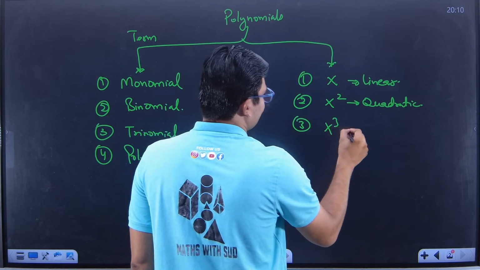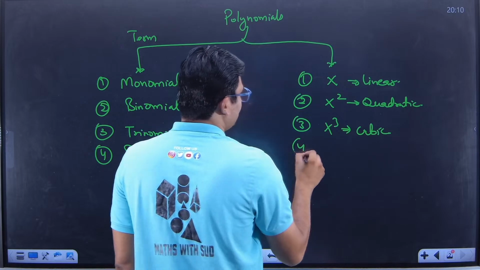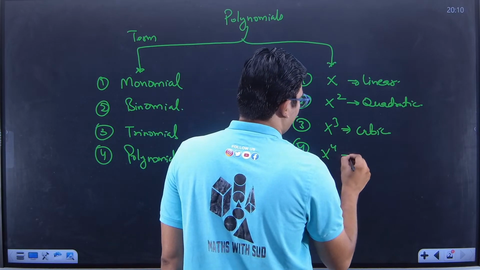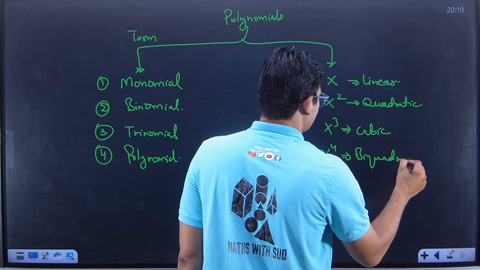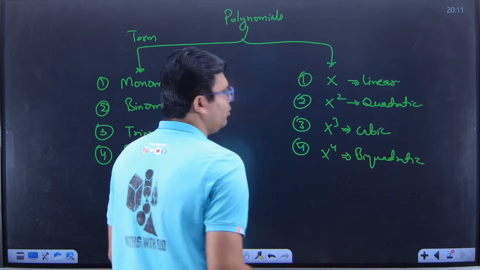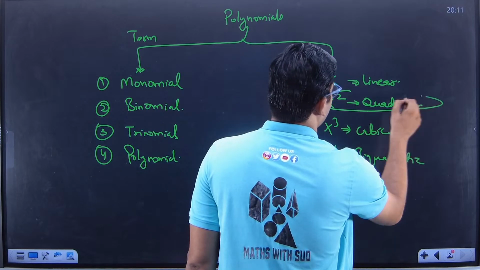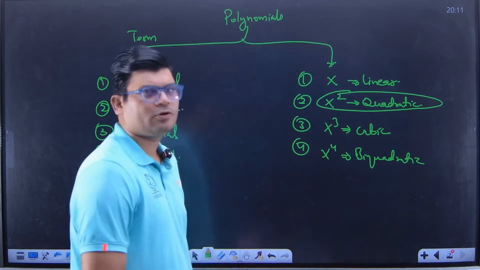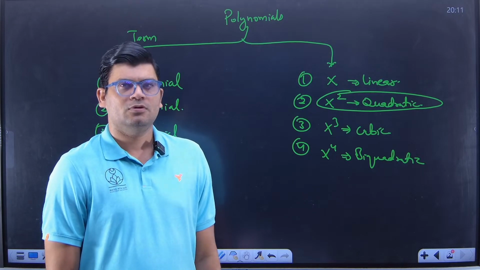If the degree is 3, we term it as cubic. If the degree is 4, we say it as biquadratic. There will be more, but we will keep our study up to quadratic only, as of now. Yes, sir. Okay.